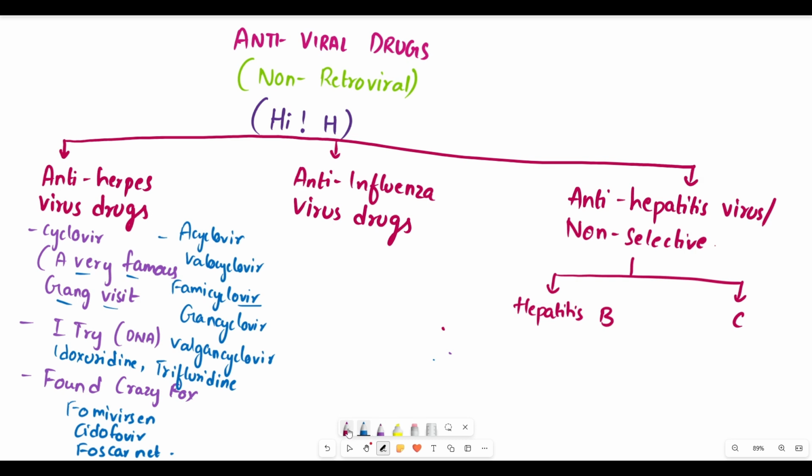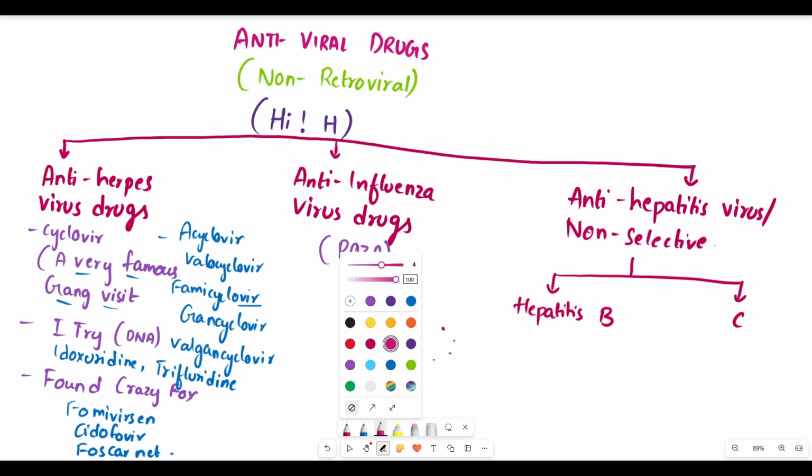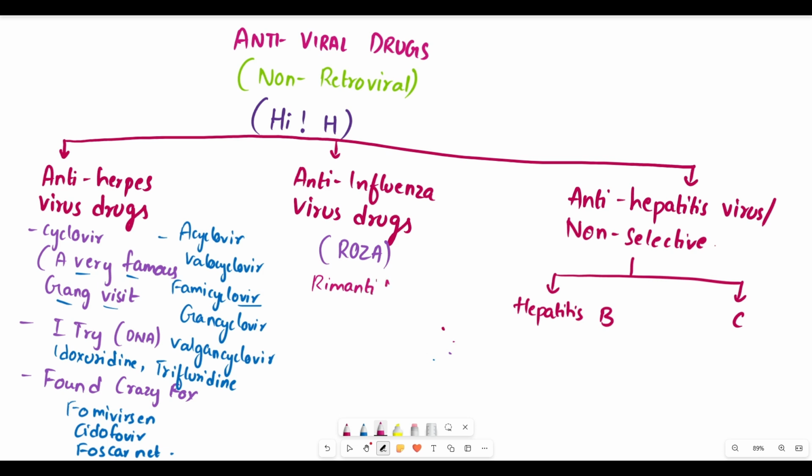Now coming back to the second class, that is anti-influenza virus drugs. So here remember one simple code, that is ROSA, where R means it is rimantadine. O means it is oseltamivir.